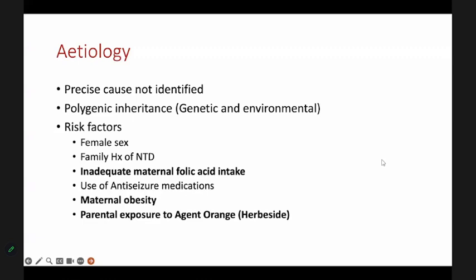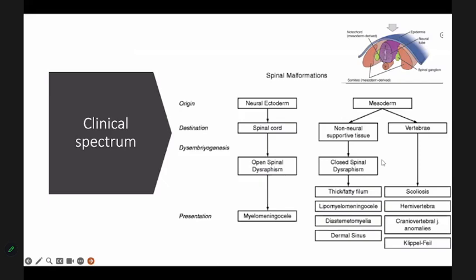We have to suspect the possibility of recurrence later in the next offspring. Also, the use of anti-seizure medications, because some of them are directly linked, some through interference with the folic acid production, the folic acid metabolism pathway. So these are some of the links, but the definite risk factors are the ones that I have outlined in bold. So let's talk about the clinical spectrum.